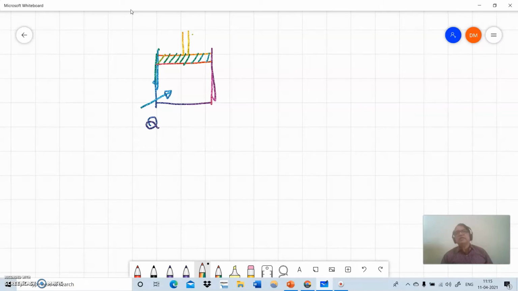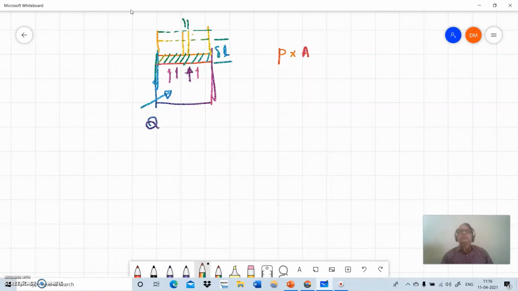If P is the inside pressure and A is the area of the piston, then pressure into area is the force. This is the initial position, and let us say we have reached a final state at this point.